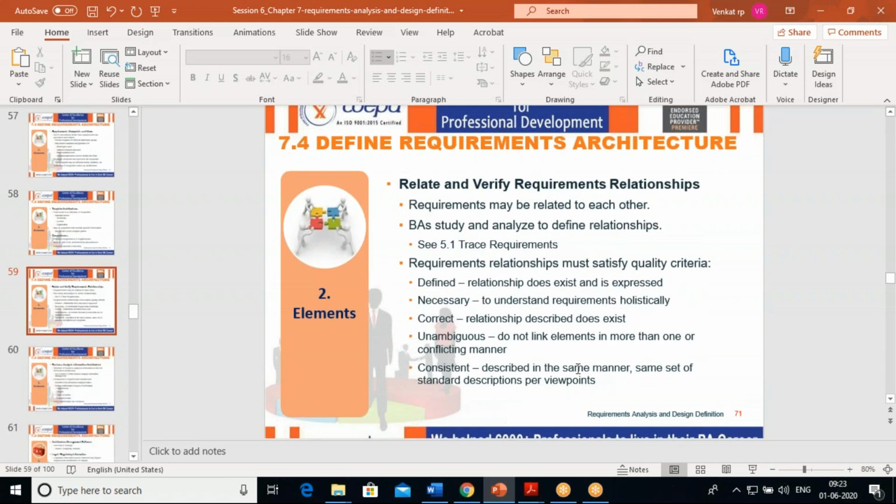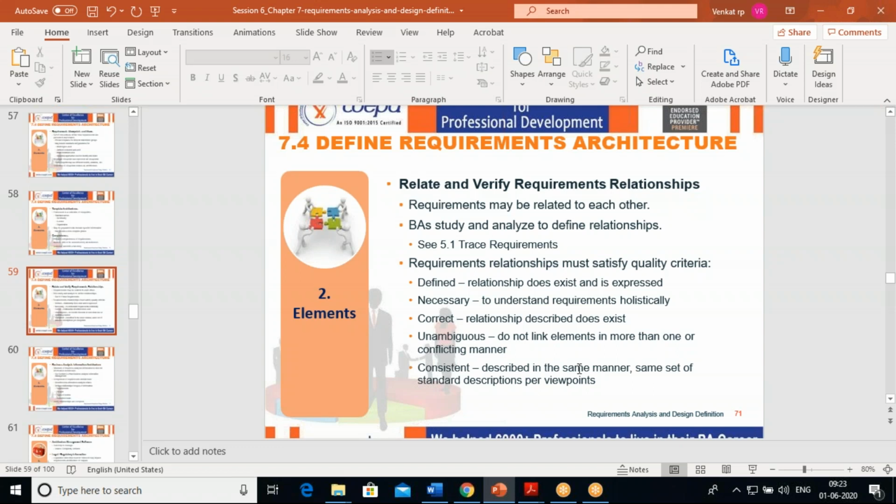Okay, and then we have to relate and verify the requirements relationships. Here what we try to do is understand how each requirement is related to each other, and what is the impact on the other requirements if one requirement is going to be changed. We have to understand it.